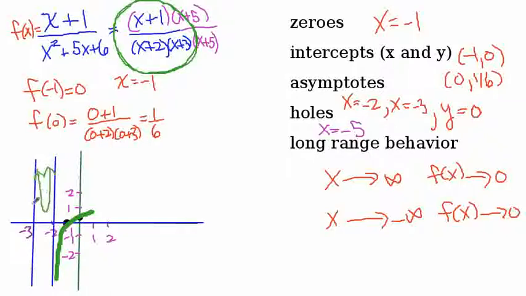So I'm going to end up getting a negative divided by a positive. That means the graph has to be something like this. That satisfies both the vertical and horizontal asymptote. Okay? So far so good?